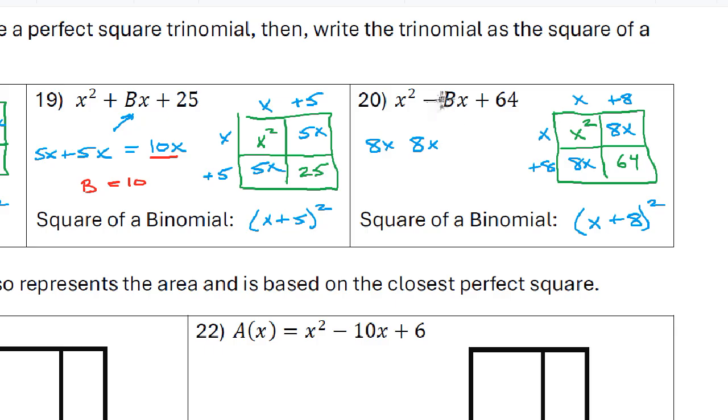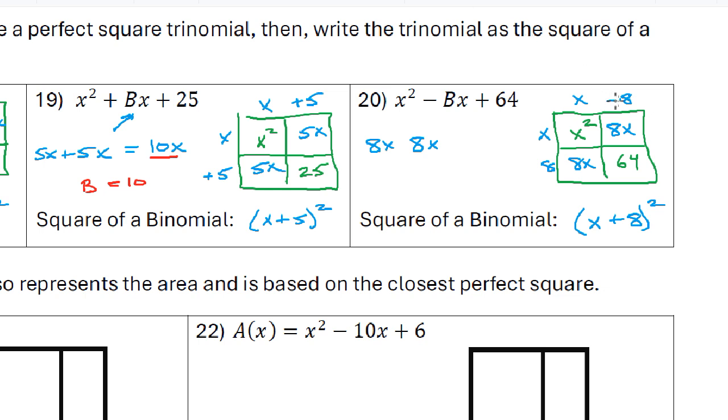Now, the negative sign is already there. So technically, class, we've got 8x plus 8x. But if we look at the actual numbers, we see that this is going to be a negative number times a negative number.